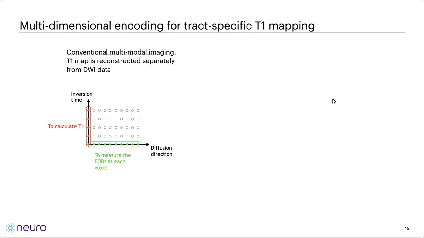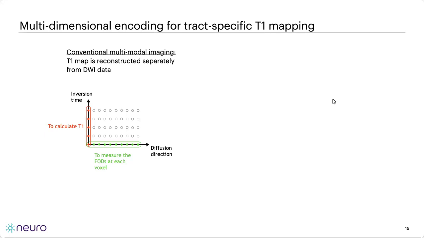When we do conventional multimodal imaging, we're basically varying the contrast separately. First you'd vary your T1 contrast, and then use all of that data together to calculate a T1 map. Then you'd vary your diffusion contrast, in different diffusion encoding directions, in order to reconstruct the fiber orientation distribution function within a voxel.